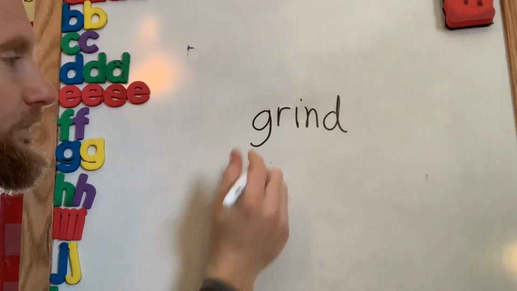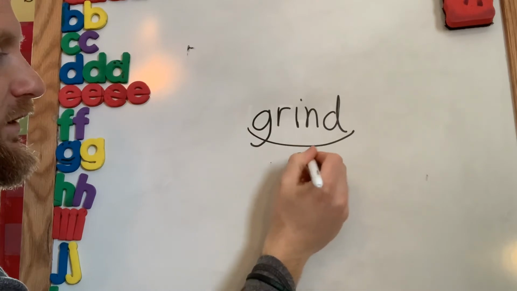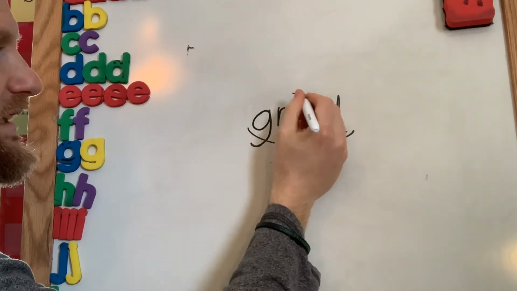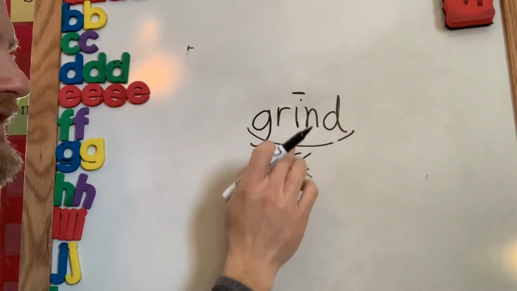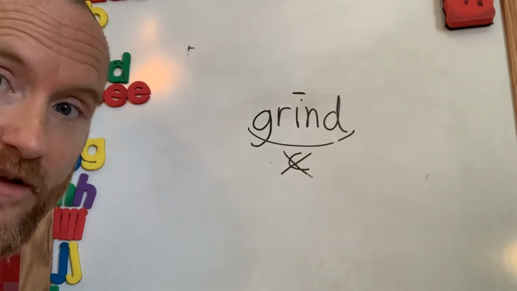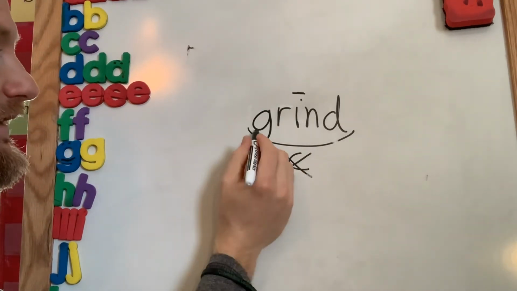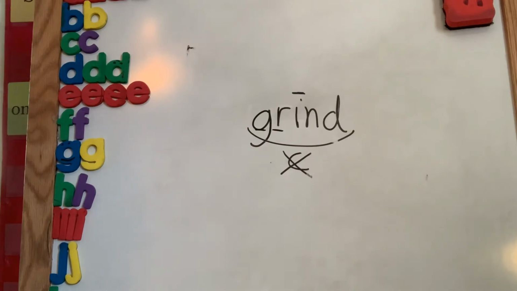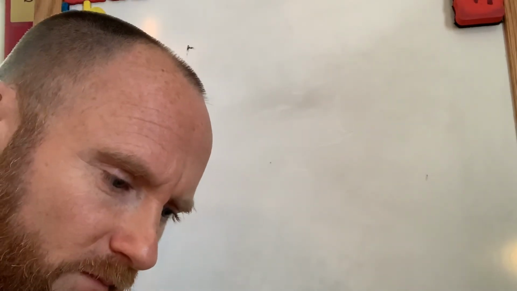Okay, were you right? This is a closed syllable exception because it's a long vowel sound. Usually if it's closed syllable, it's a short vowel sound. This one is long. And then we got that blend at the beginning, okay? Very good.